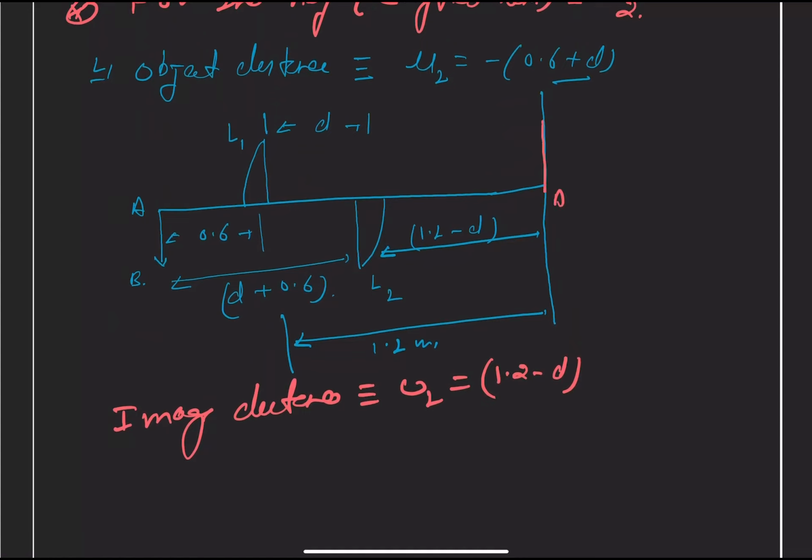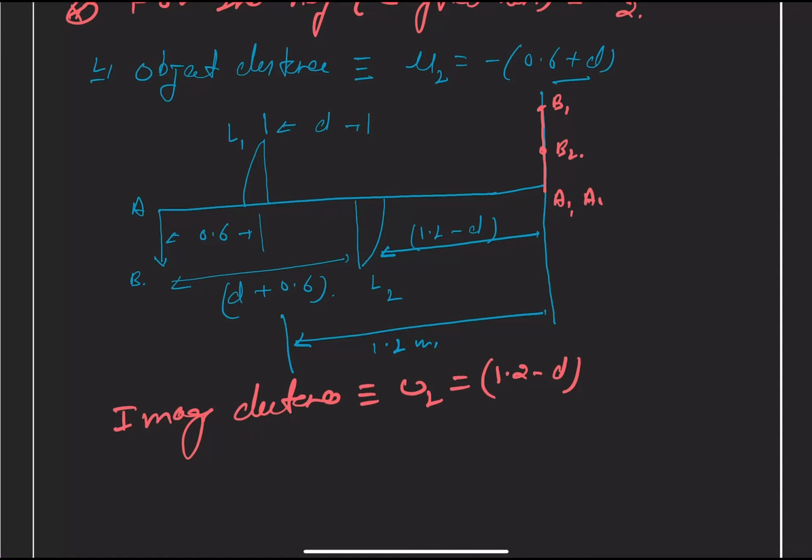So this is our A1 as well as A2, and this is B1 and this is our B2. So images are coinciding with each other because they are fixed, only the magnification will be different.